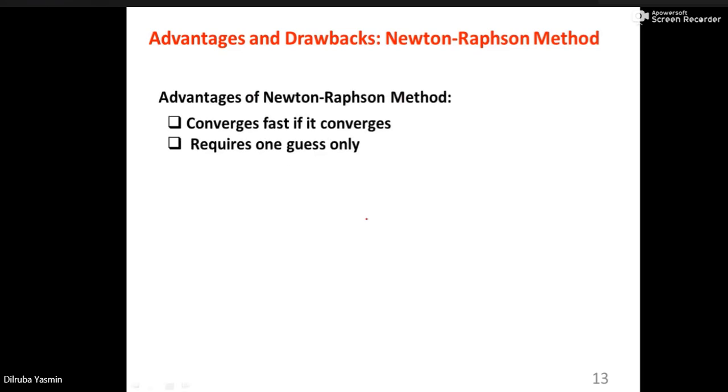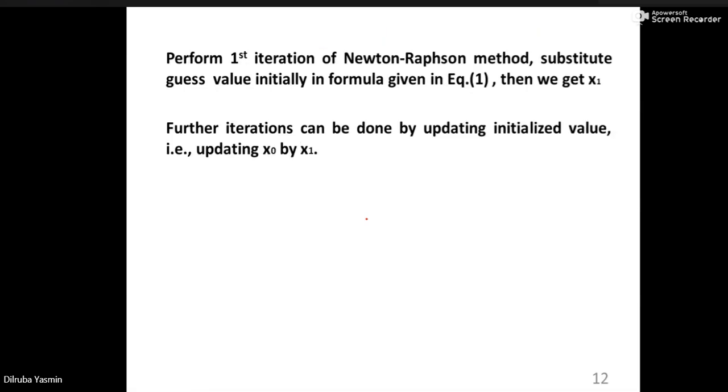All right, suppose you have to do a second iteration. So what do we have to do now? Initially you get the x naught value. This is the initial guess value. For the next iteration, when you apply this initial guess value x naught, you will get x on.